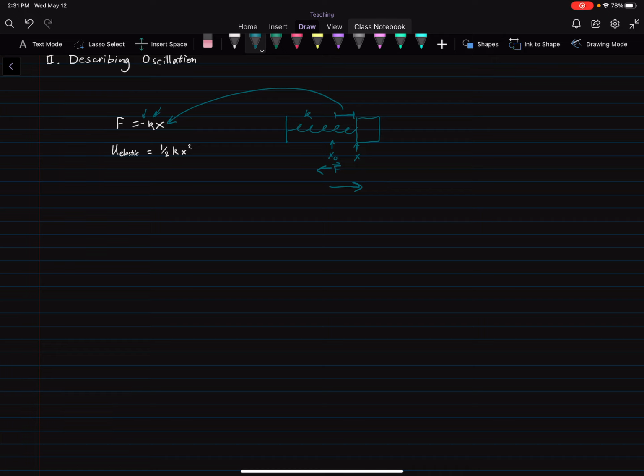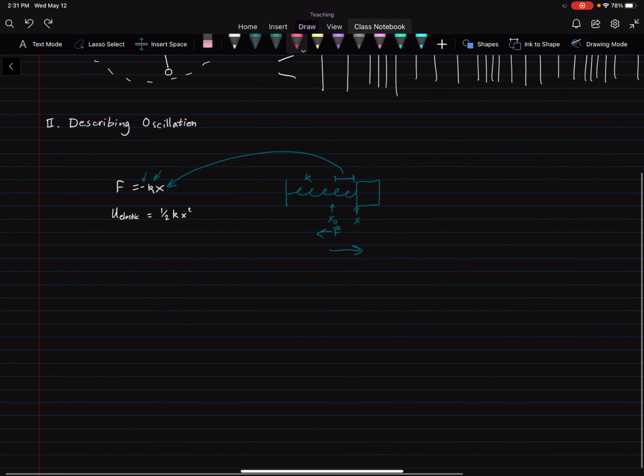What we didn't talk about was what happens to the spring after it moves that box. Usually we're talking about the elastic potential energy stored up in that spring, 1/2 kx squared, and it would do some work on this box.